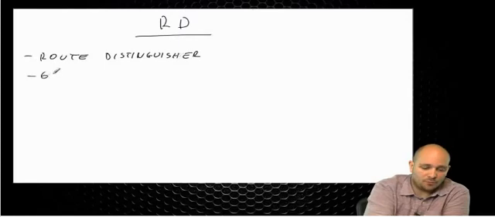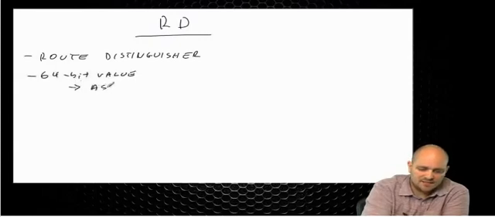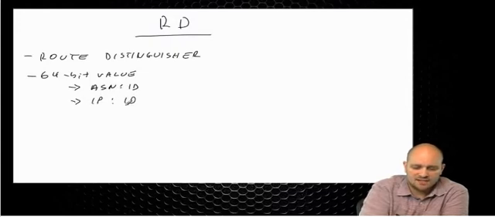It's a 64-bit value, usually displayed as an AS number and then some identifier, or an IP address and then some identifier.